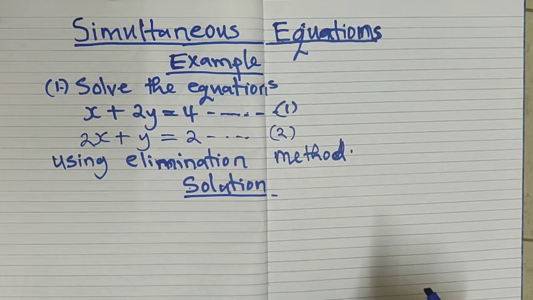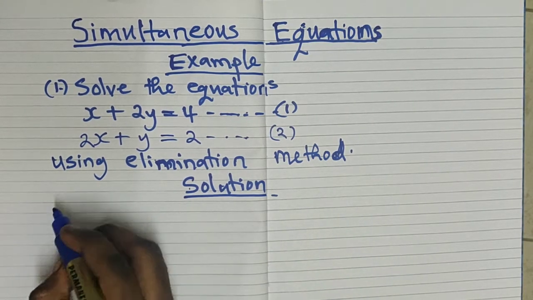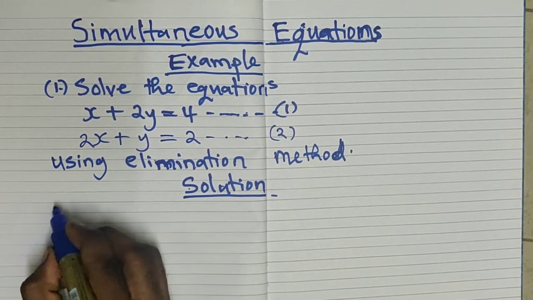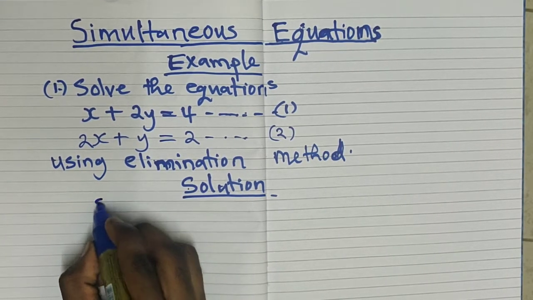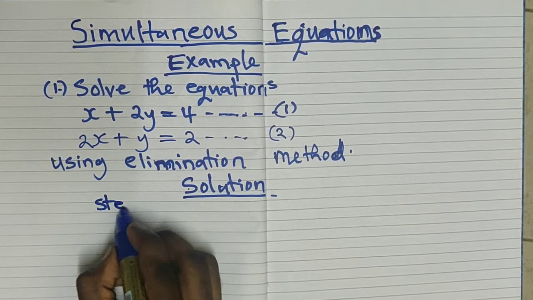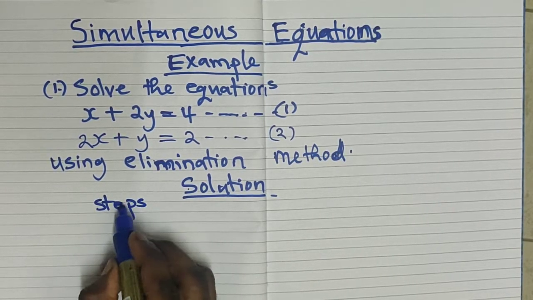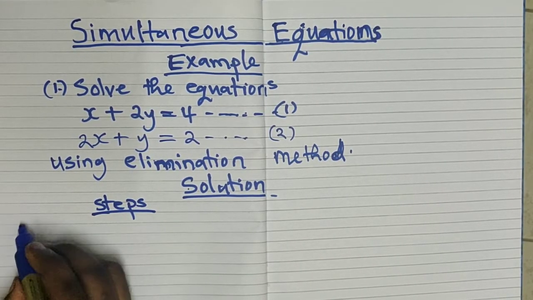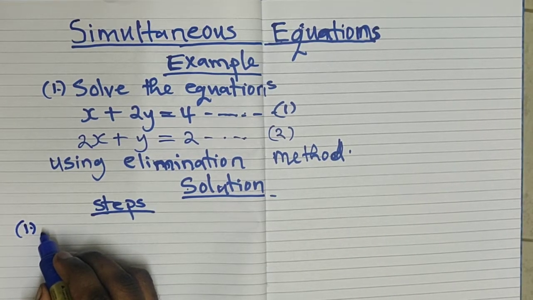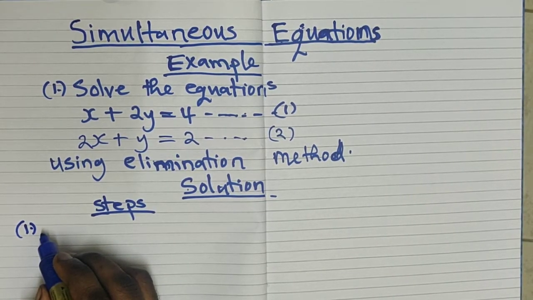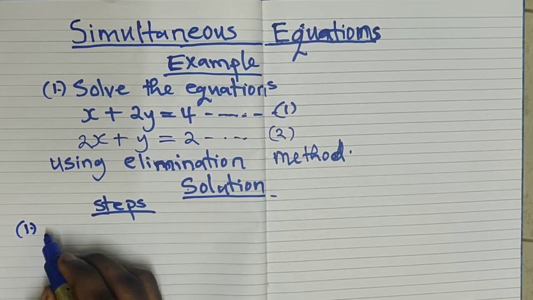First, I'll put down the steps. Step 1: we interchange the coefficient of x and multiply the equations.